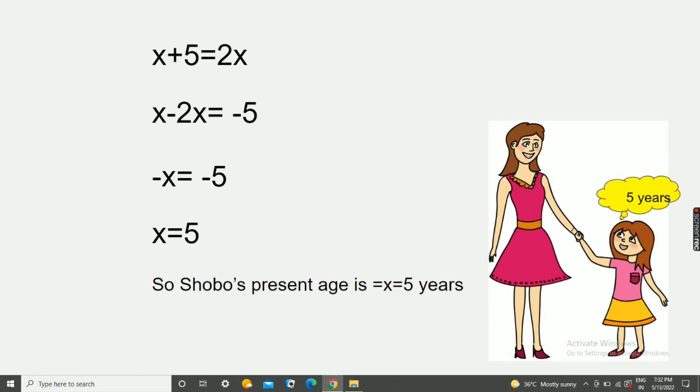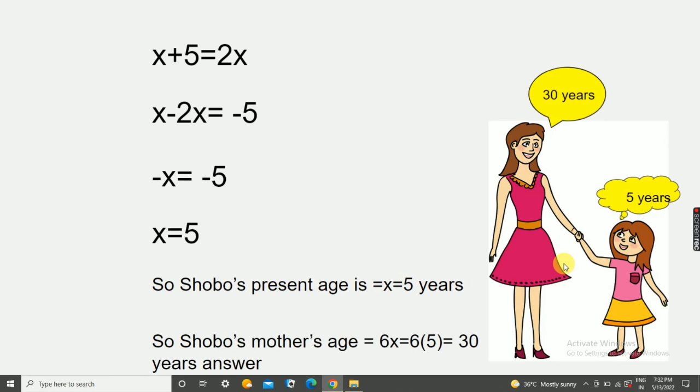Now we have found that x is equal to 5. So Shobo's present age is 5 years. And Shobo's mother's present age is 6x, so 6 into 5 is equal to 30 years. So like this, we got the ages of both Shobo and Shobo's mother.